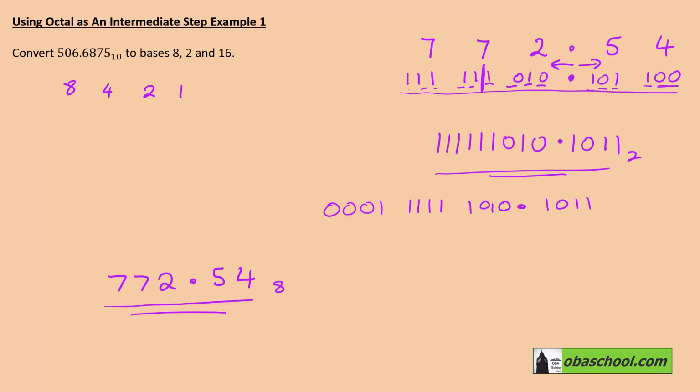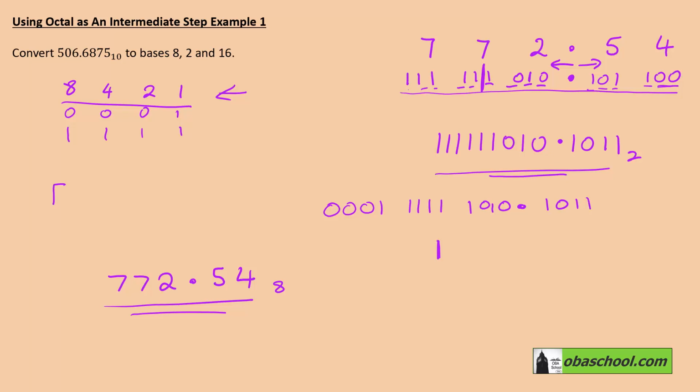So what is each block of 4 here if we work in hexadecimal? 0 0 0 1. So 0 0 0 1 is just, of course, 1. 1 1 1 1 is 8 plus 4 plus 2 plus 1, which is 15.